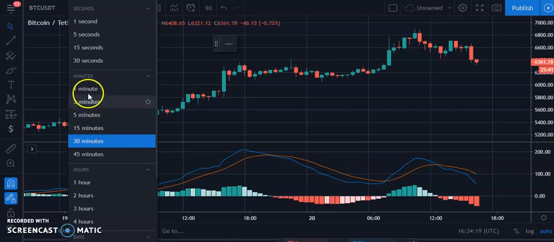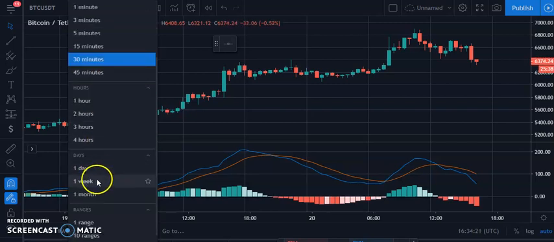If you're trading the daily time frame, if your candlestick is set on daily, your higher time frame should be 1 week.